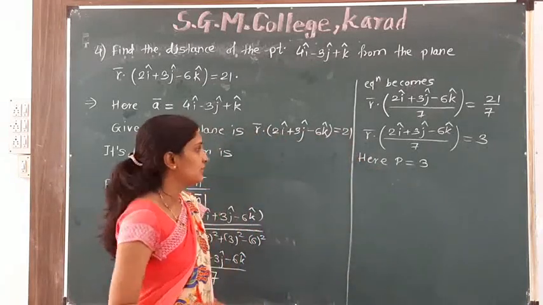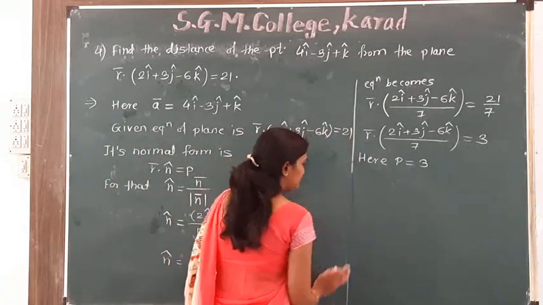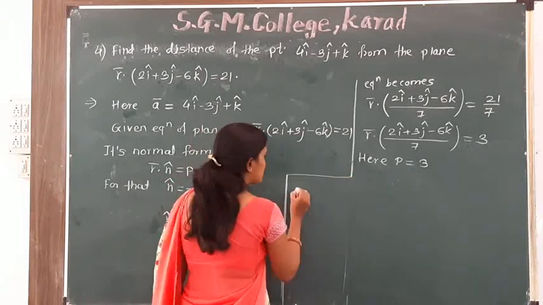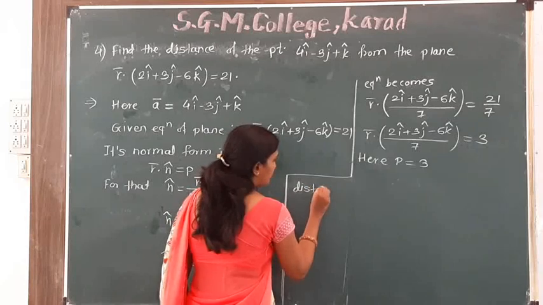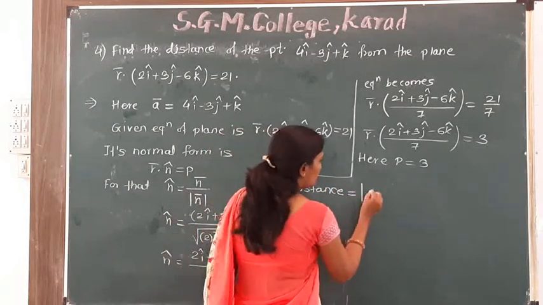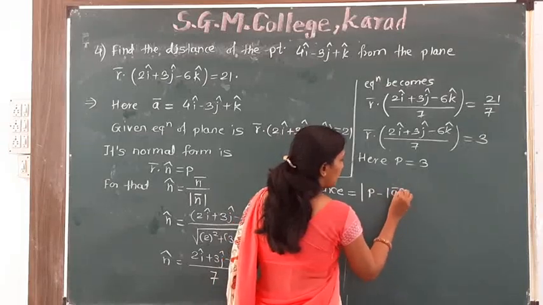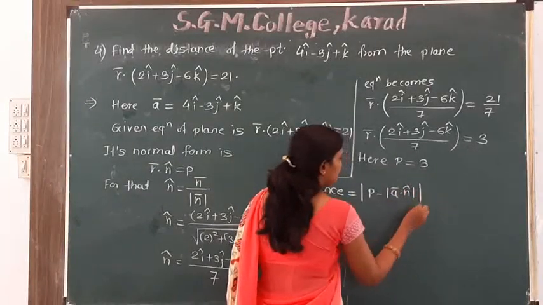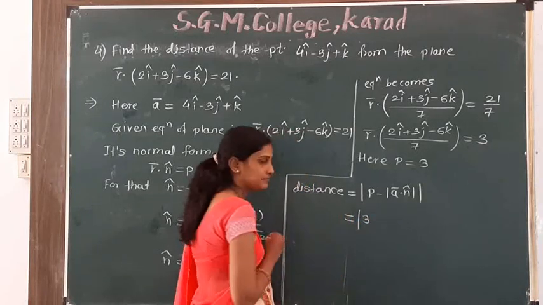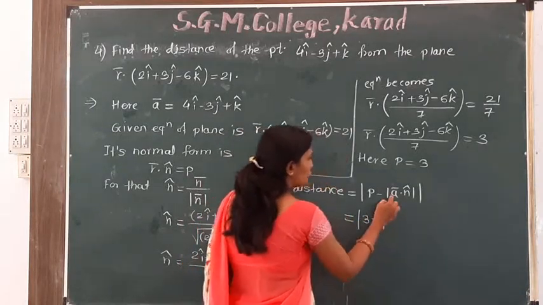Now we have to find the distance. So distance is equal to mod of P minus mod of A bar dot n cap. What is the value of P? P is 3 minus mod of A bar.